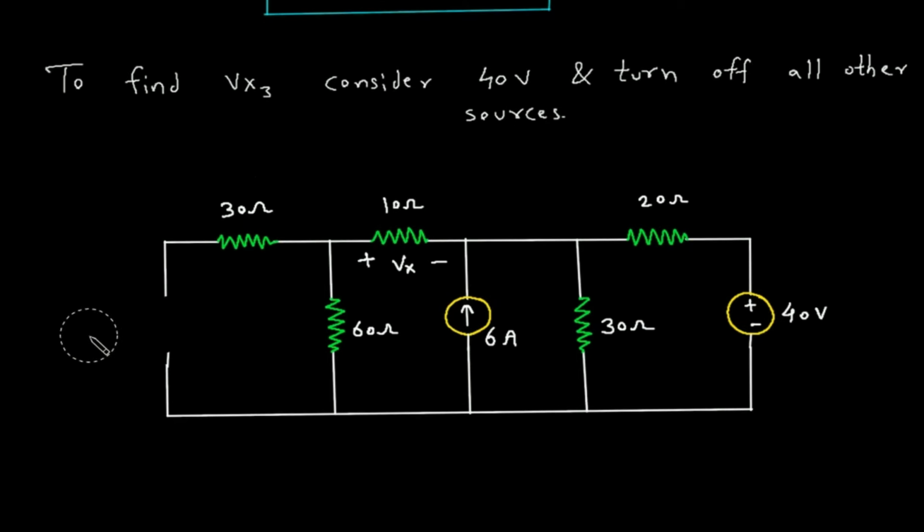So this will be turned off and short circuited. This will be turned off and open circuited. And this will be Vx3.